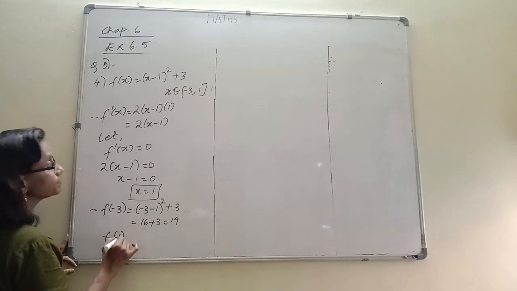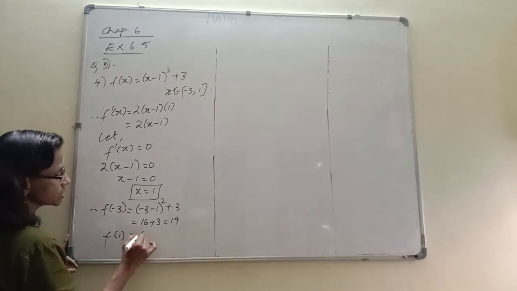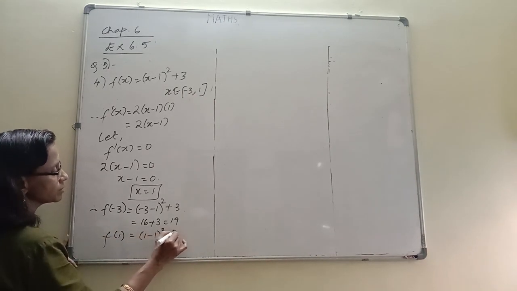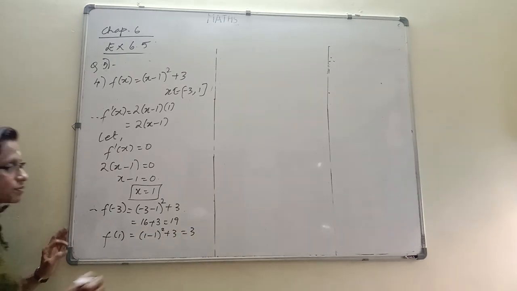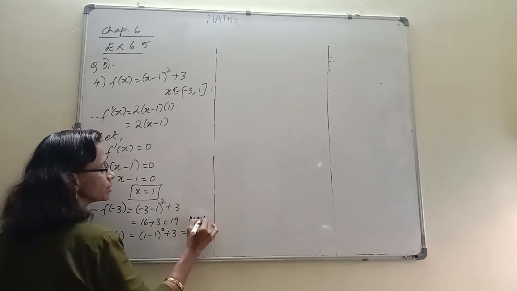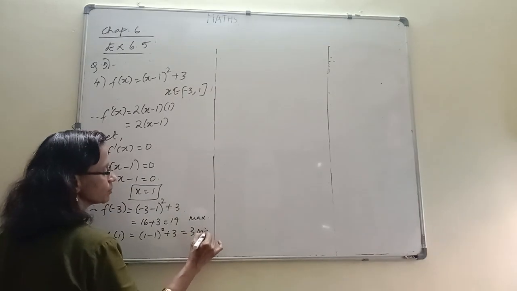Let's check for f at 1. F at 1 means it's (1 minus 1) the whole squared plus 3, which is 0 plus 3, which is 3. So obviously from the values, it's very clear that this is the maximum value and this is the minimum value.